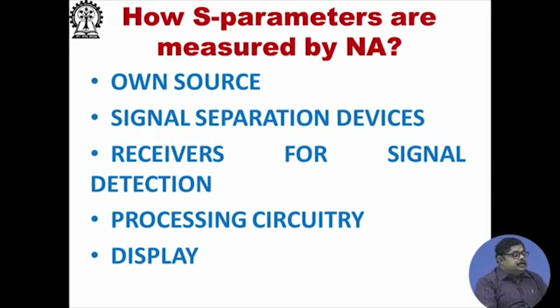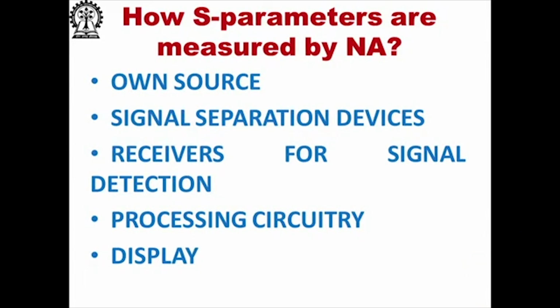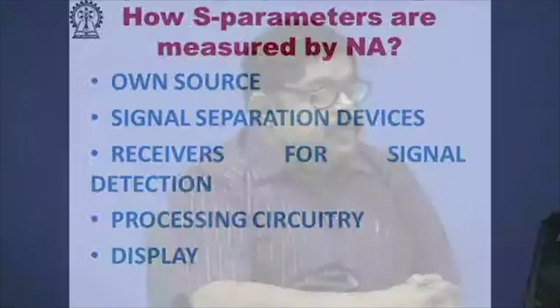Now, basically how are S parameters measured by a network analyzer? The network analyzer has its own source. It gives the test signal itself and sees the response of the network. From that it infers the characteristic of the network in terms of S parameters.